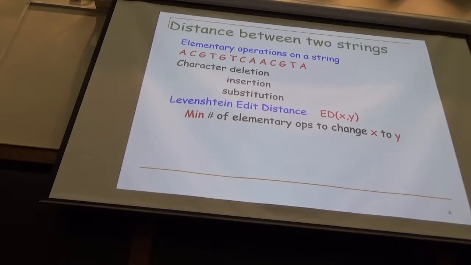And in fact, another way to think about it, which is equivalent, is you don't have insertions, but you take x and y, and you can do substitutions on either x or y, and you can do deletions on either x or y, and you want to make them the same. And you ask, what's the minimum number of operations of just deletion and substitution to make the two strings the same.